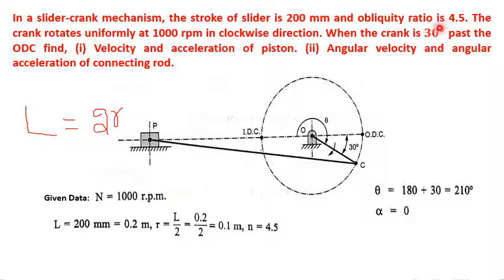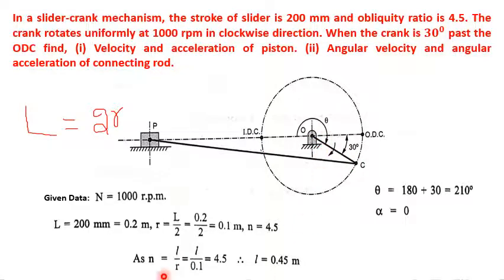And the obliquity ratio given in the problem is 4.5. We know that obliquity ratio n is equal to small l by r. Small l represents the length of the connecting rod, whereas r is the length of the crank.